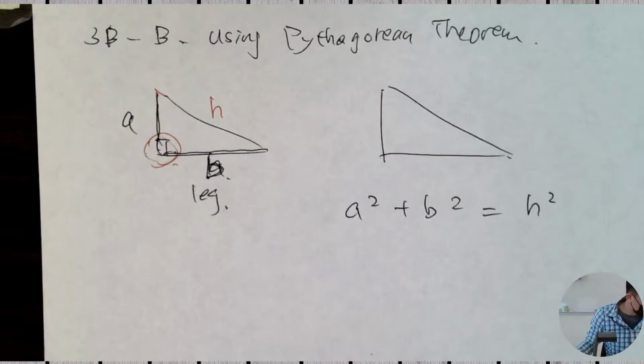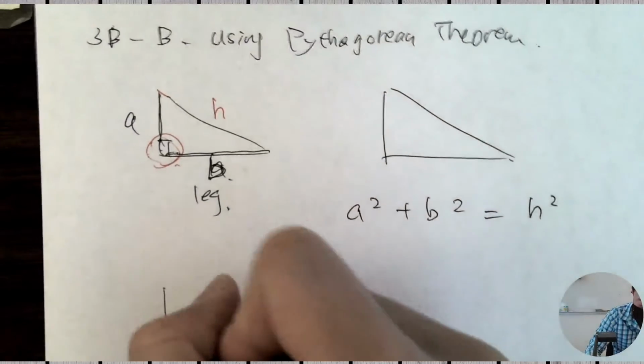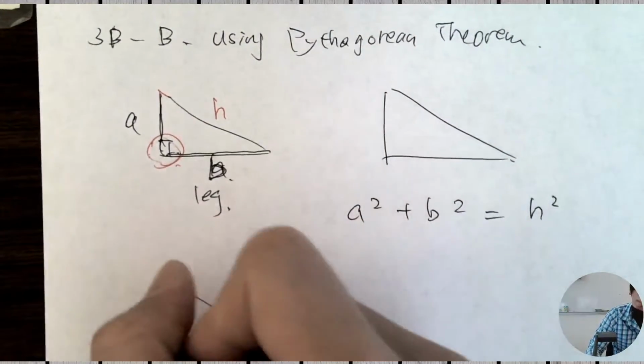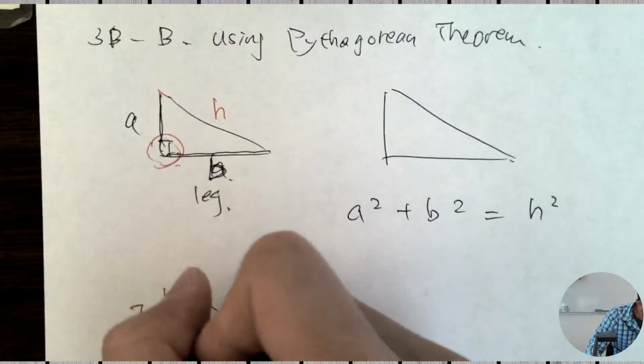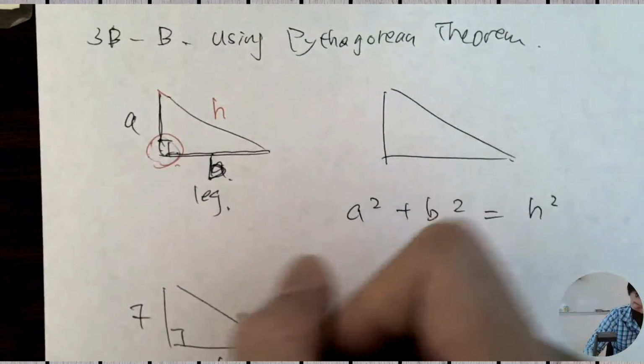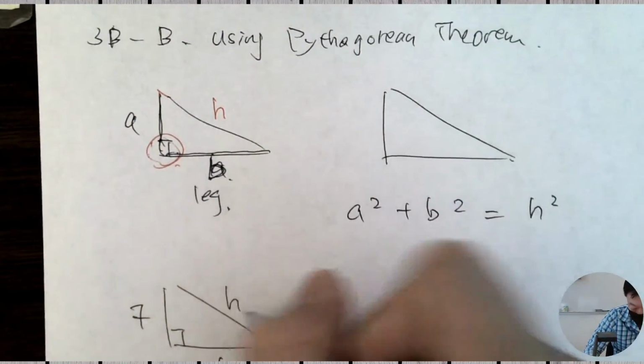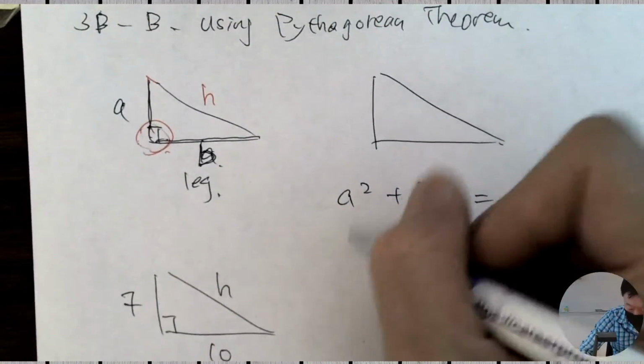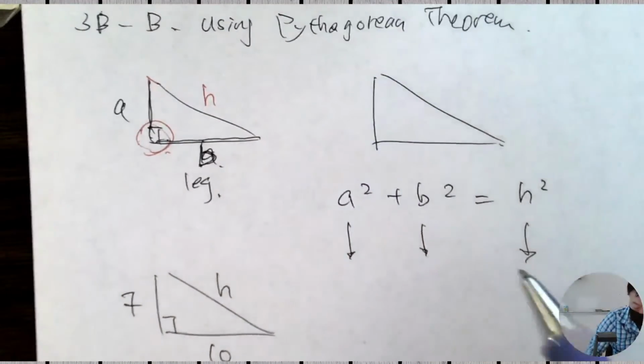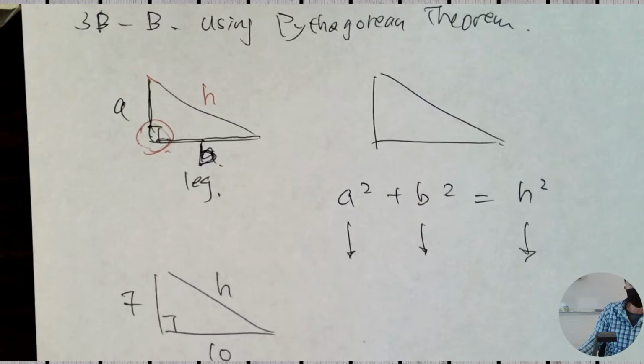So last time we went over some examples on how to solve things. Say, for instance, I have A being 7 and B being 10, and I'm looking for h. I would use this formula and apply the numbers that I already know.